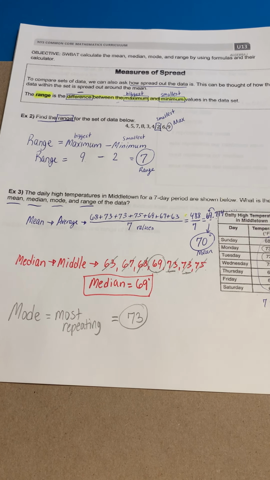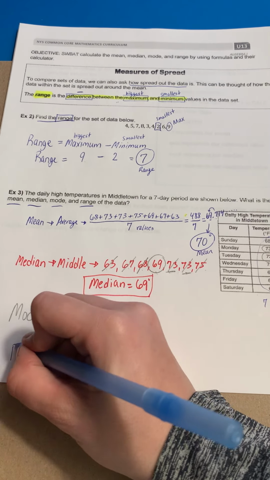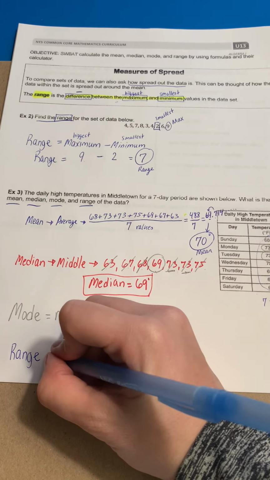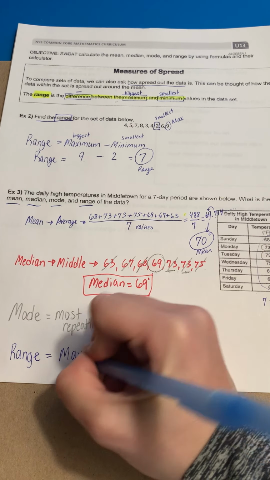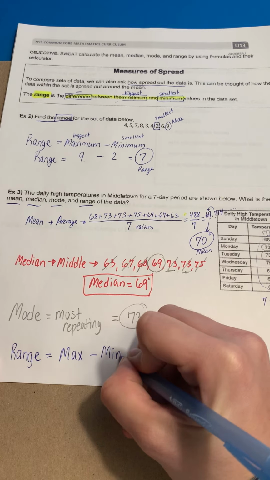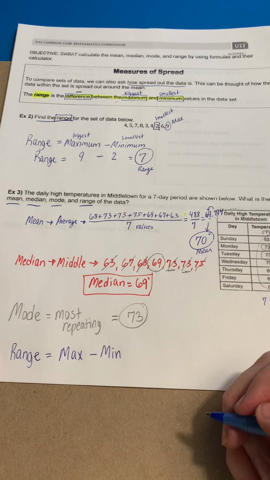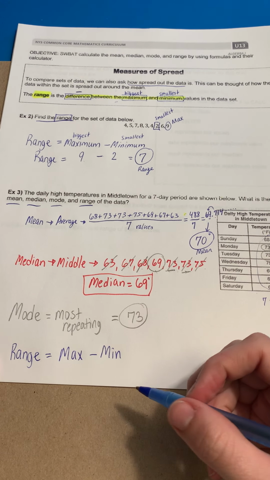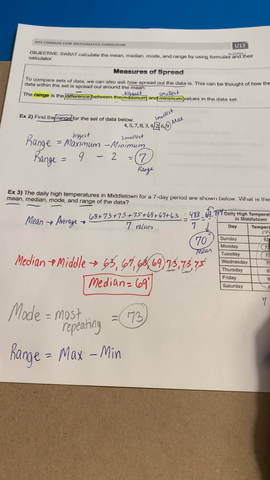That's it. And the last term I need to find is the range. We just learned on the top of this page that the range equals the maximum, I'm going to abbreviate with max, minus the minimum, and I abbreviated min for minimum. The maximum number, the biggest number on this list, is a 75.